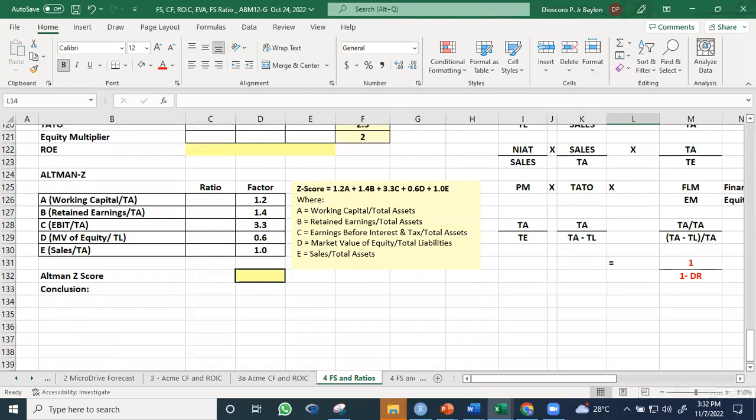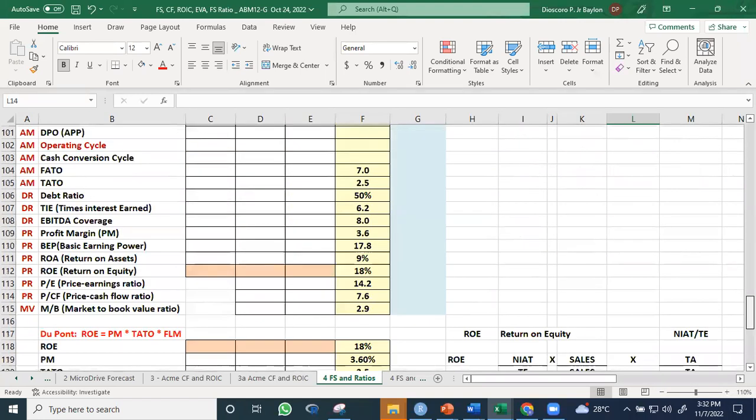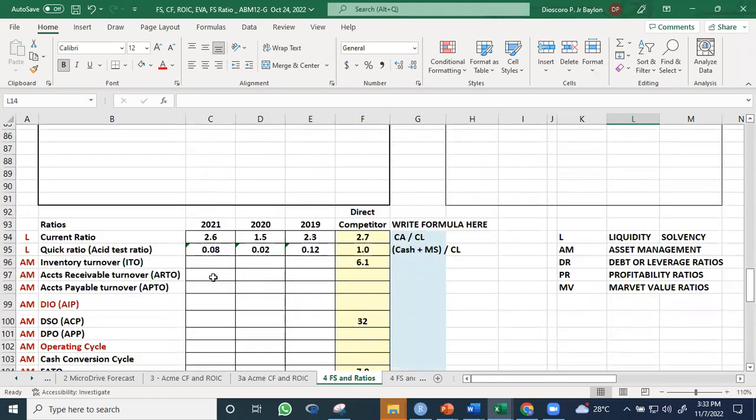All right. So, sige, let's continue. Okay. So let's now go to some asset management ratios. These are very important ratios as regards assessing the operating performance of the firm. So una, turnover, no?